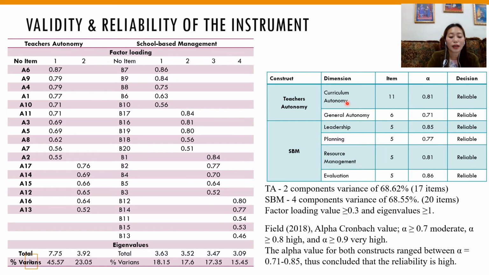As for reliability of the instrument, the alpha value for both constructs is high, at 0.71 to 0.85. So based on Field 2025, it was concluded that the reliability of the constructs in this study was high and reliable.